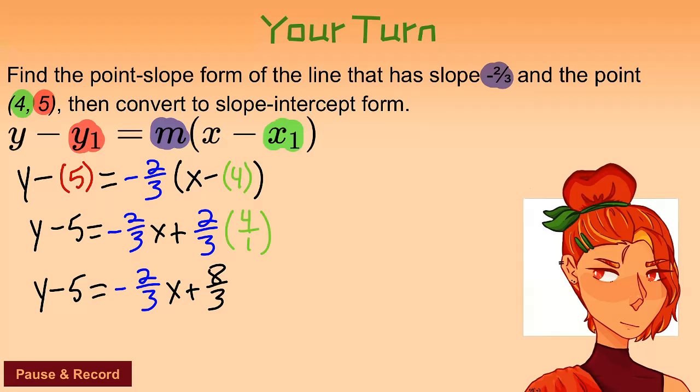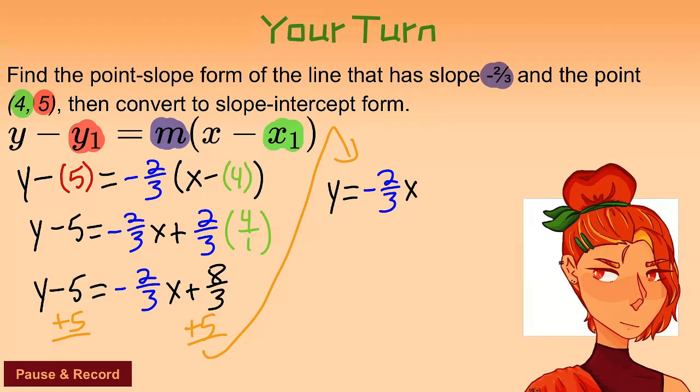All right. Well, I hope everyone's following along and understanding, those of you who didn't respond. To get y by itself, we have to add 5 to both sides. Now, when we do that, we have y isolated on the left, which is what we want. We have that negative 2/3, that's our slope, times x. Now, I have the plus 8/3, and I need to add 5 to that 8/3.